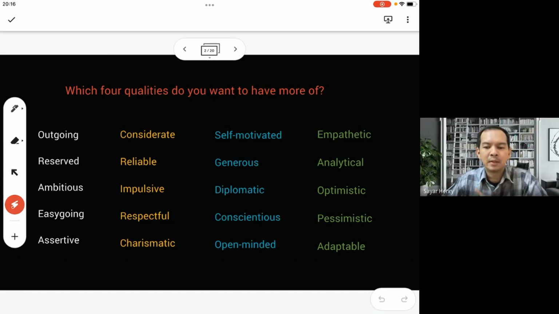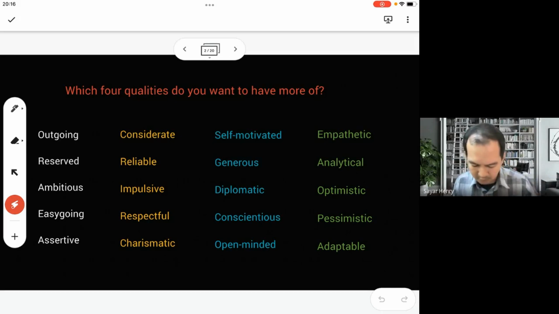There is something I have to correct because I just saw something in the chat. Someone said assertive may be related to aggressiveness, right? So I think I saw aggressive. This is super important here. Aggressive and assertive are very different. Unfortunately, we don't see aggressive here.